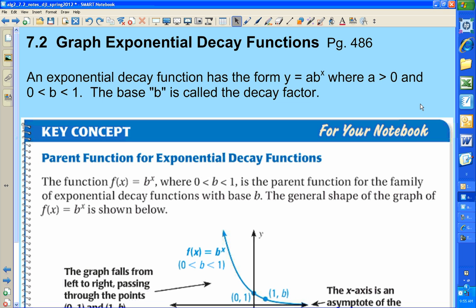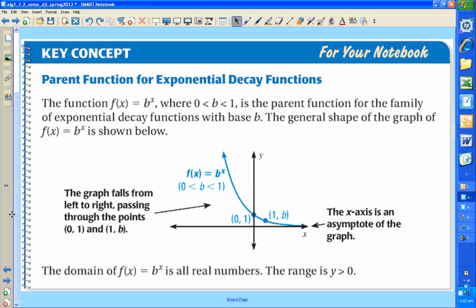Bigger than 1 means you have a takeoff or an exponential growth. Less than 1 means you have a landing or a decay function. But the values that you're graphing, it's still going to be left 1, up 1 over b. Right 0, up 1. Then right 1, up b.